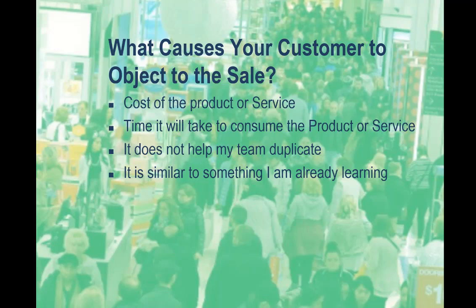And then they can see the value in the cost of the product or the service. And once they see the value, that's not an objection anymore. So you can see how all of those things work in. You've got to know who your avatar is and be prepared for the objections of your typical customer avatar.